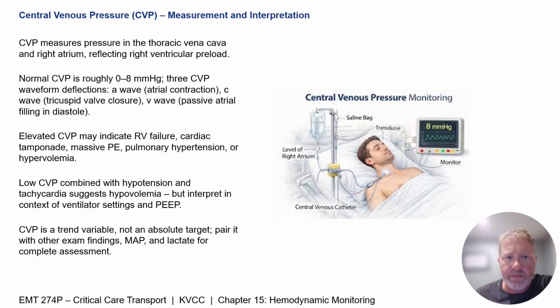Low CVP might suggest hypovolemia, especially when combined with signs of poor perfusion, while high CVP can suggest things like right ventricular failure, cardiac tamponade, pulmonary hypertension, and fluid overload.